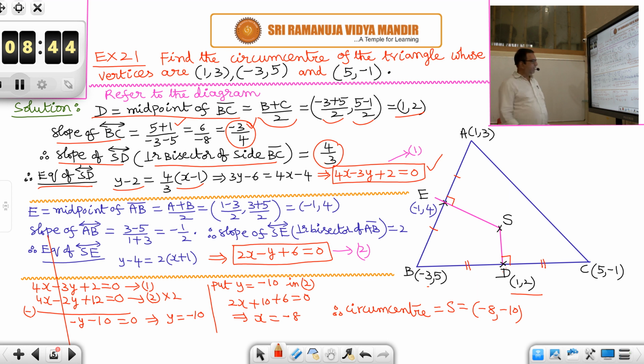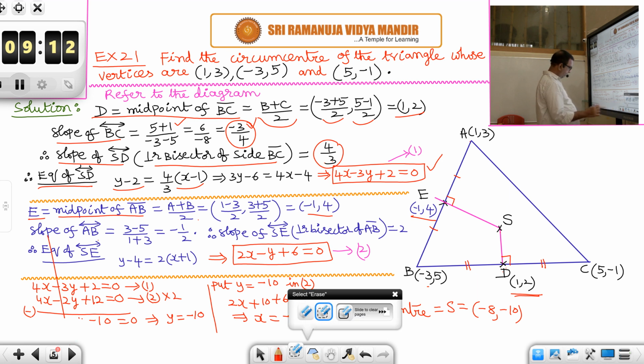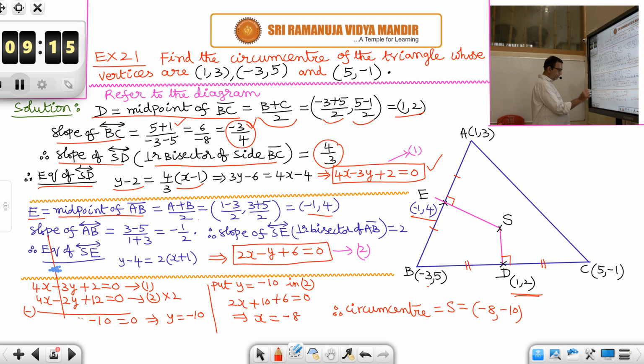Similarly, let us find E, the midpoint of side AB. (A plus B) by 2 is (minus 1, 4), which I have marked here. The perpendicular bisector SE is perpendicular to side AB, so you have to calculate the slope of AB first.